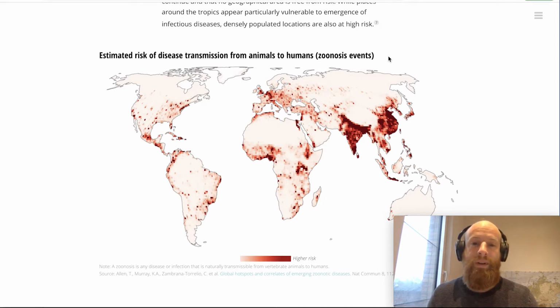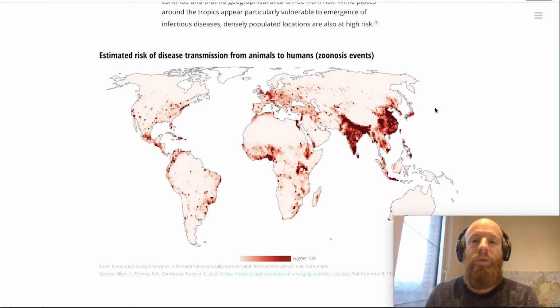So it was a bat virus that jumped to humans, and whenever diseases spread from animals to humans, this is called a zoonosis event. And some researchers found that these events are becoming more frequent, and they also researched in what areas in the world there's a higher chance for those events.